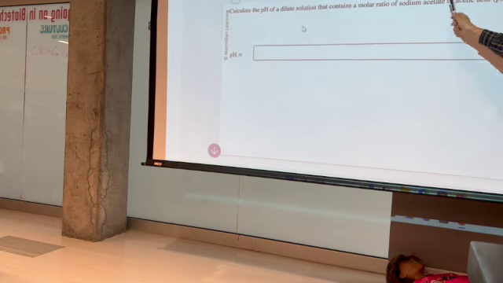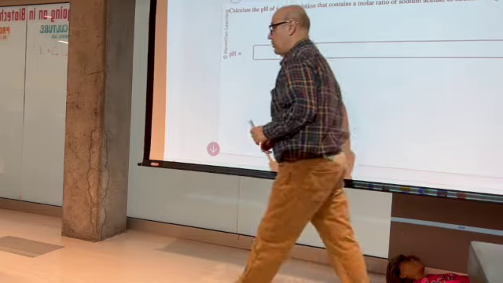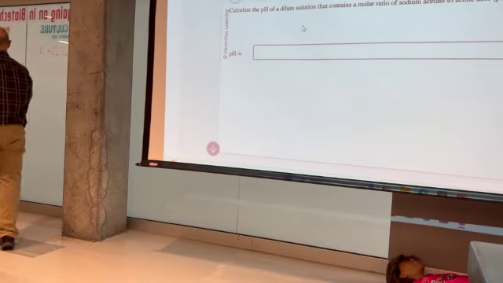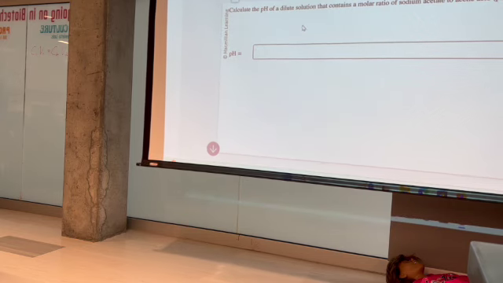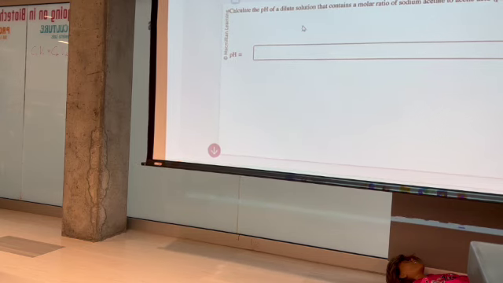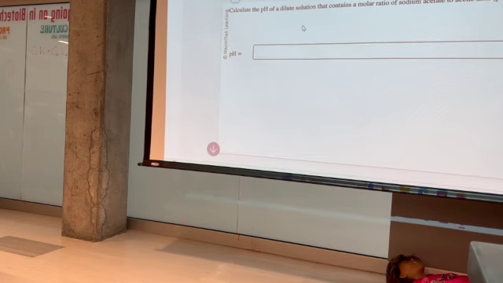And because this is an important concept, sometimes we forget about that. We've been talking about strong acids dissociating 100%. We have talked about weak acids and weak bases dissociating partially.